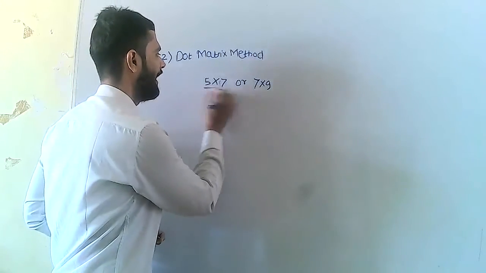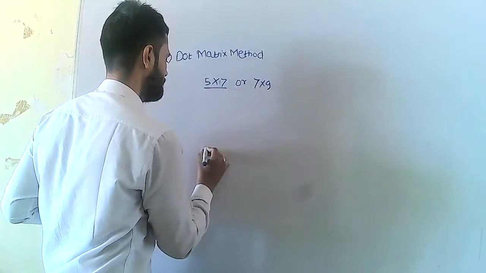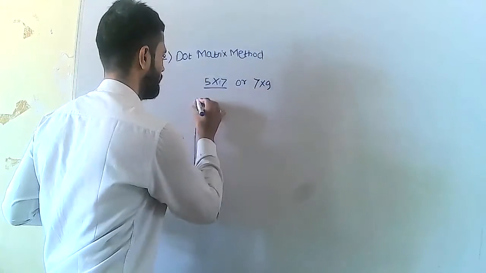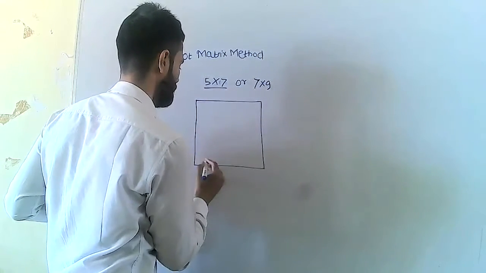For example, if I take this size, then the array will be like this.